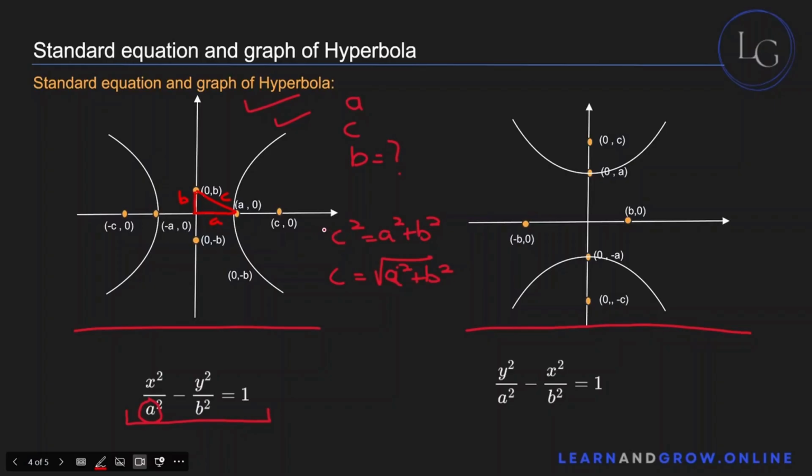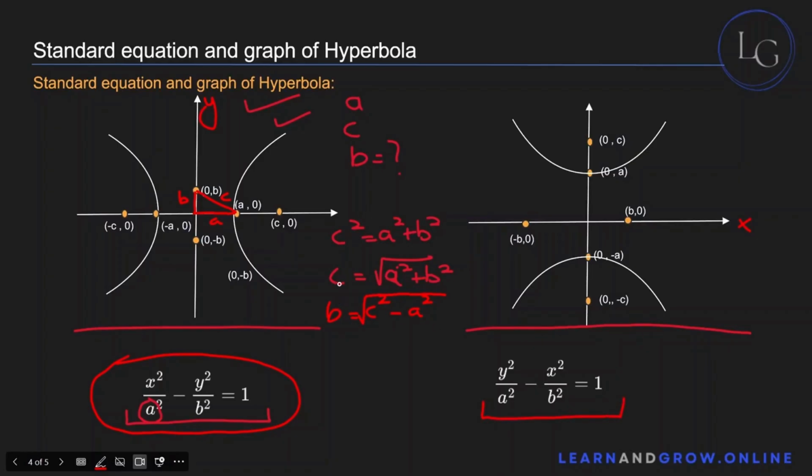And basically, B is equal to C square minus A square whole under root. And you can calculate this distance now. And once you have this distance, you can just simply apply this formula in case of this type of hyperbola. If the axis of symmetry of the hyperbola is the x-axis, which is in this case, you'll have this equation, right?